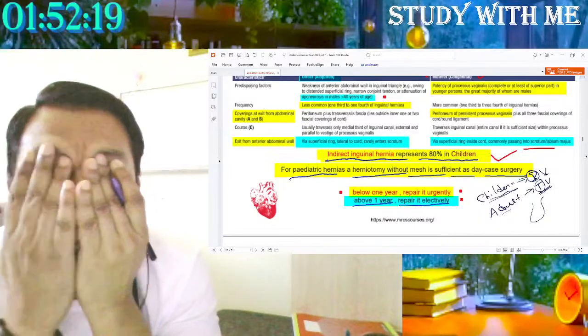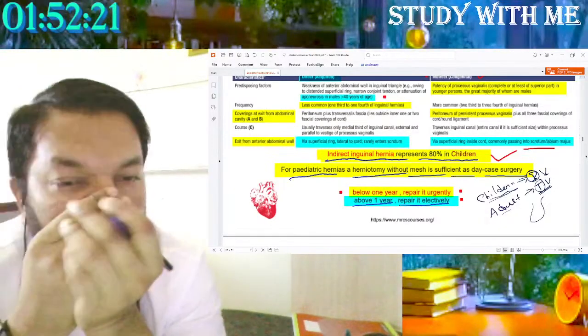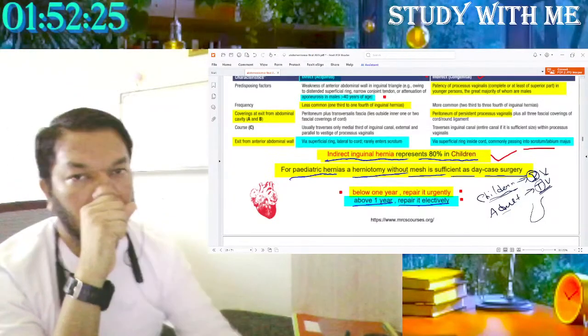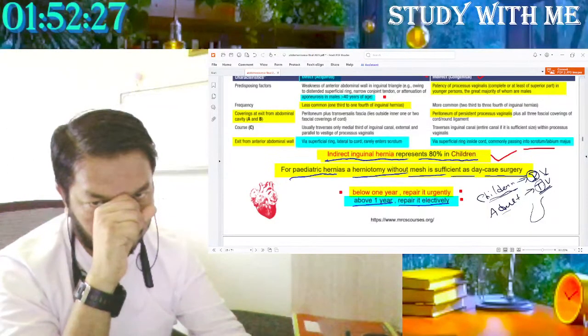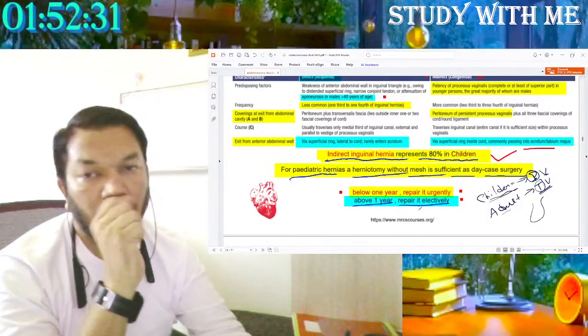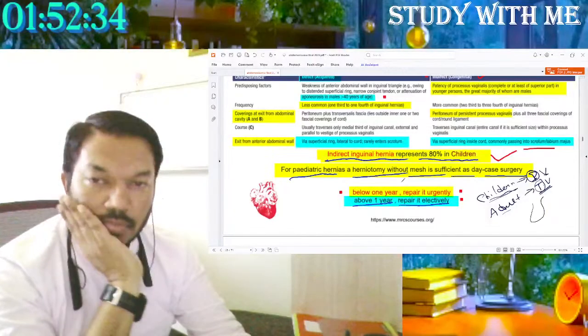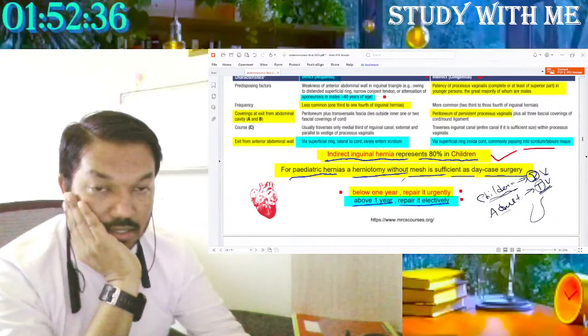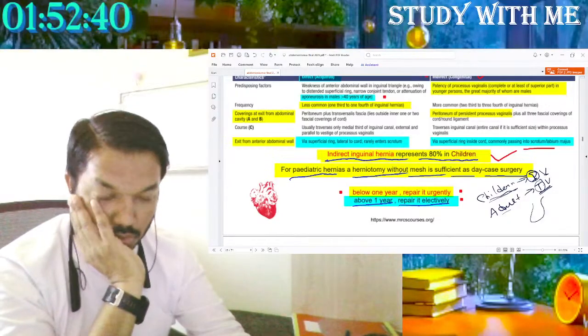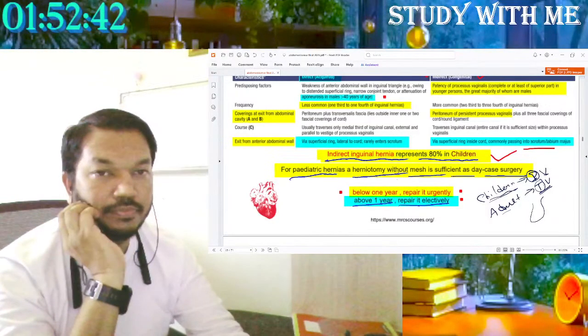If you see any hernia below 1 year, indirect is more common than direct.